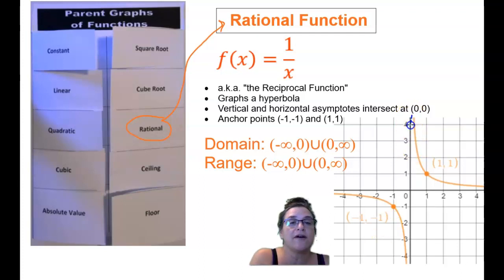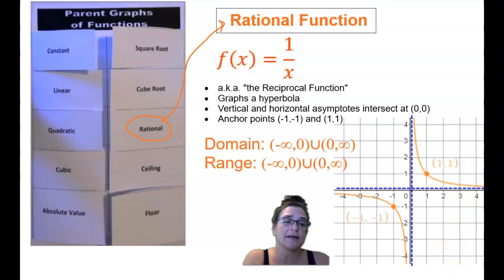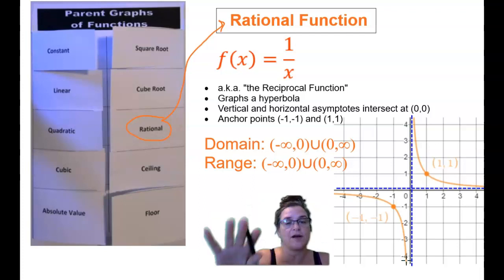So this graph has a vertical asymptote here at x equals 0, and then a horizontal asymptote here where y is 0. Those vertical and horizontal lines are like dashed, dotted fences, if you will, that keep the curve locked in those quadrants where you see it.